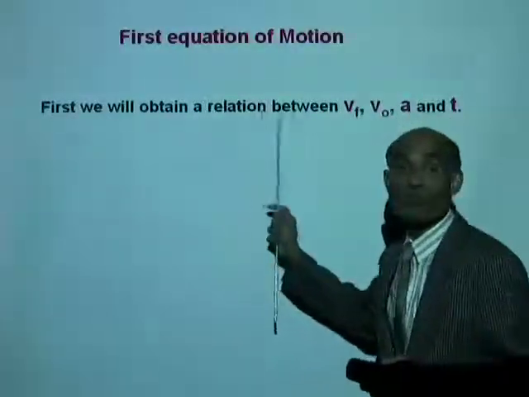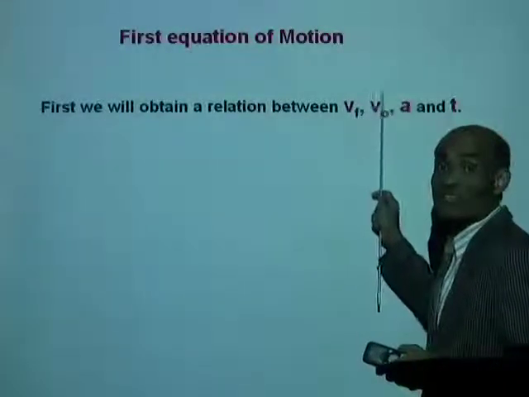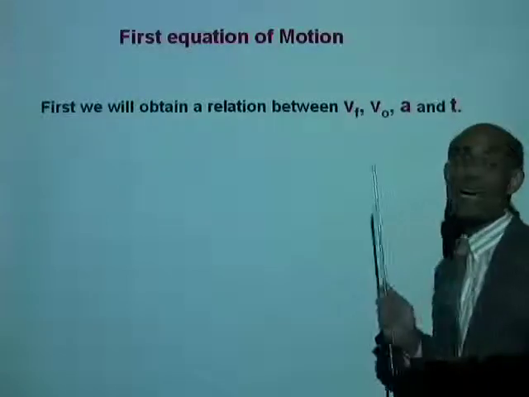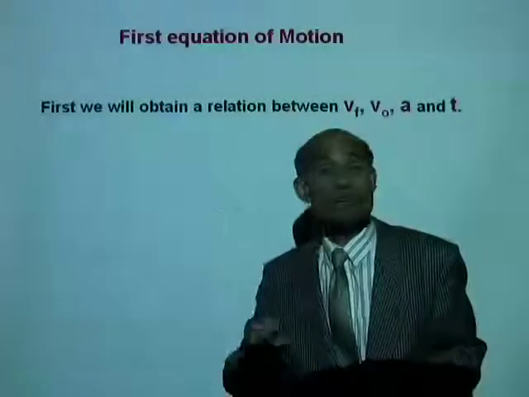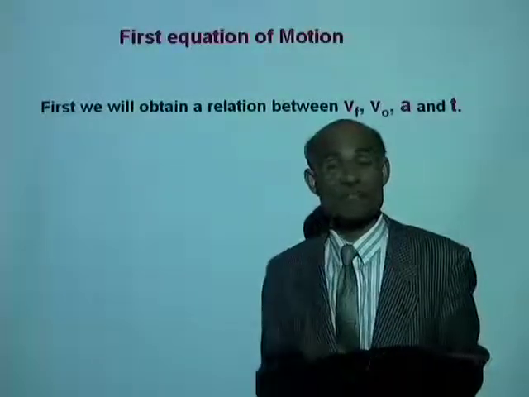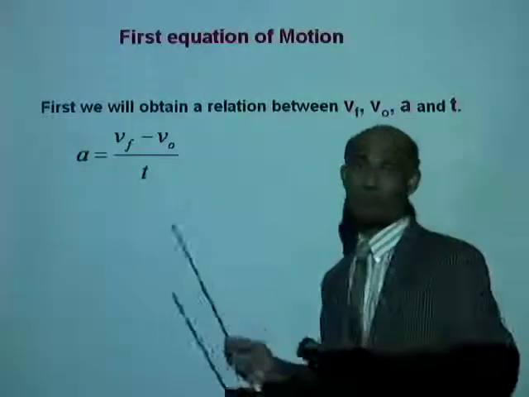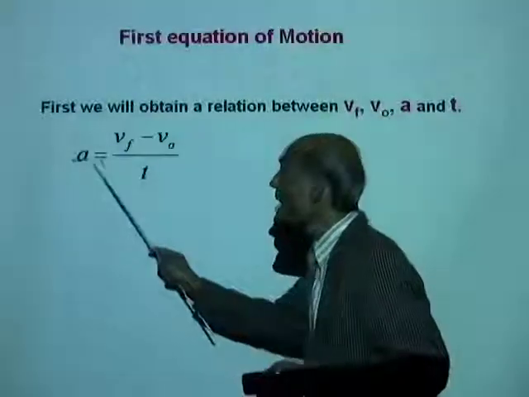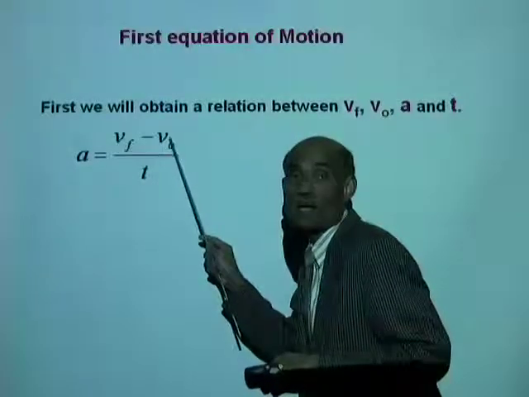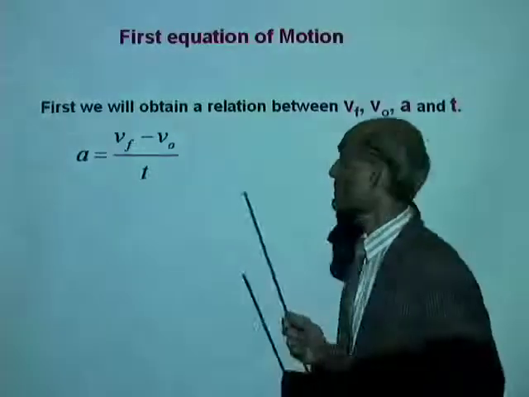So this is going to involve the final velocity Vf, the initial velocity V0, the acceleration, and time. All you need to do is write down that equation for acceleration. Can you write down that equation for acceleration? Well, I got that down for you. A equal to change in velocity, final velocity minus the initial velocity, divided by time.